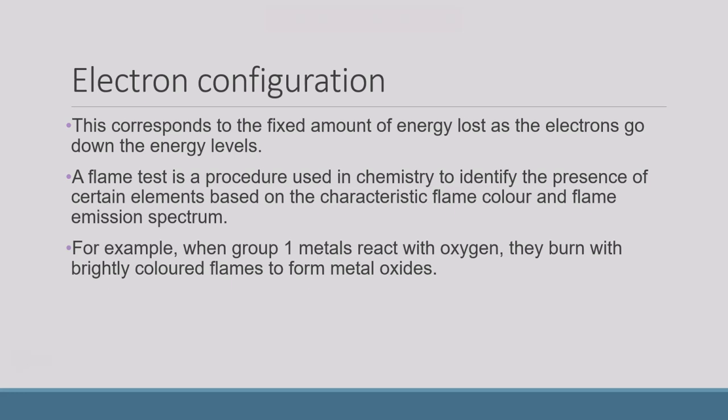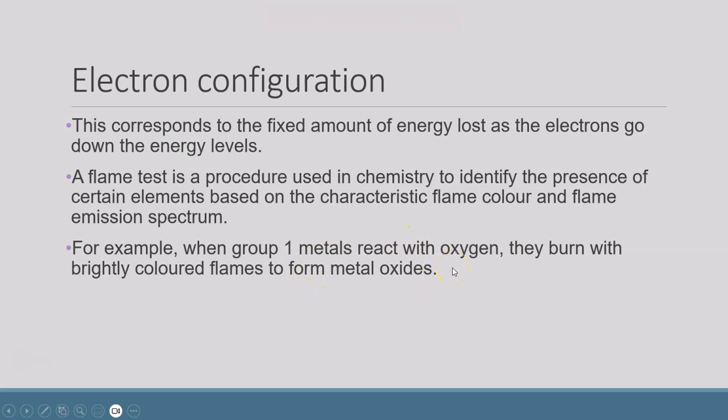So, for example, when group 1 metals react with oxygen, group 1 elements are highly reactive, so they burn very easily and very readily, and they produce brightly colored flames, and they produce metal oxide. So, for example, copper plus oxygen will make copper oxide. Copper oxide is a type of metal oxide.